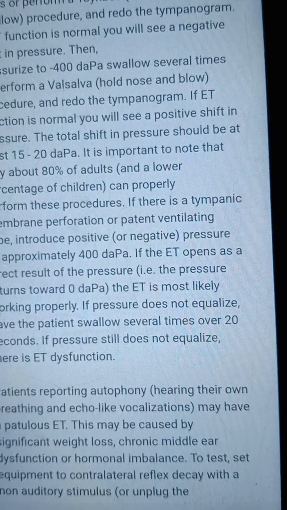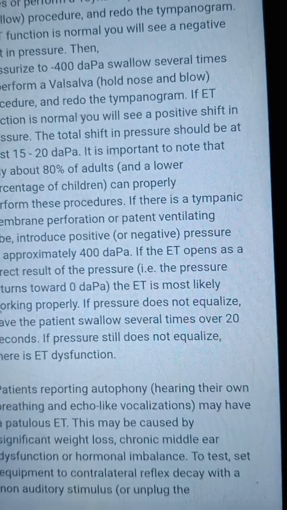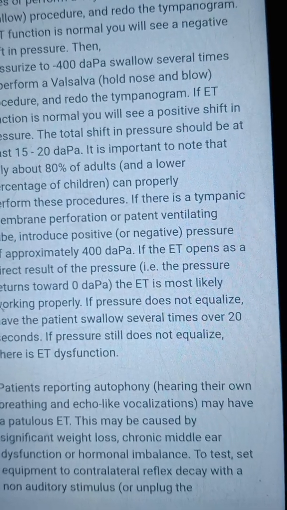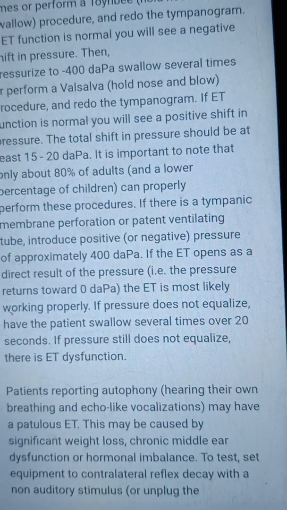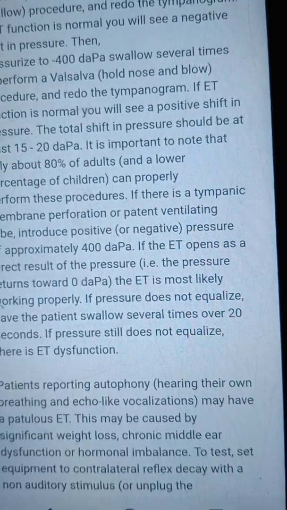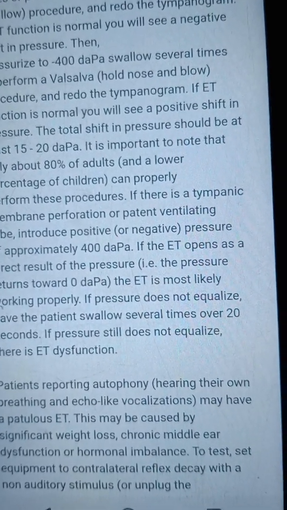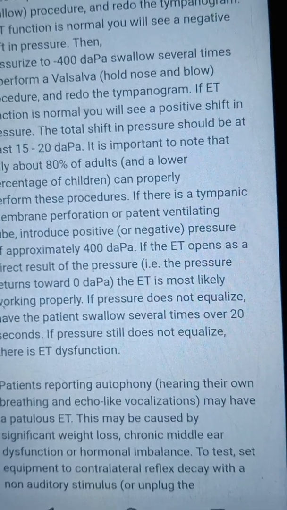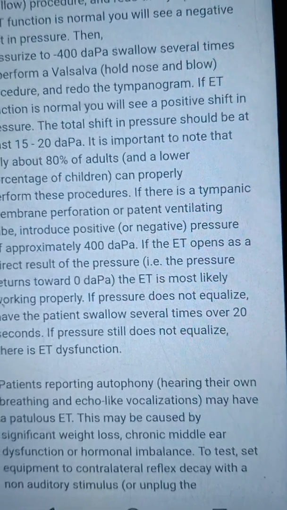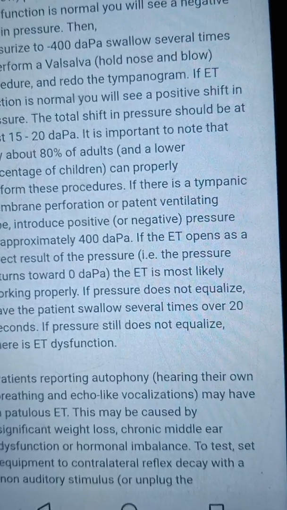If the eustachian tube opens as a direct result of the pressure, that is, the pressure returns towards 0 decapascals, the eustachian tube is most likely working properly. If the pressure does not equalize, have the patient swallow several times over 20 seconds, and if the pressure still does not equalize, there is eustachian tube dysfunction.